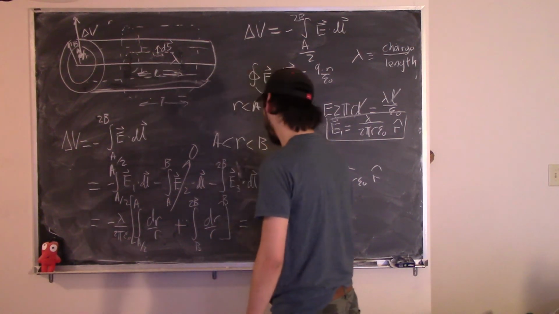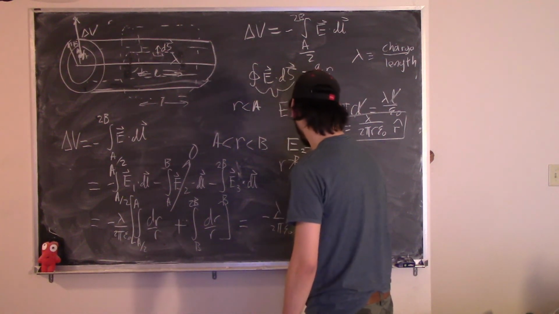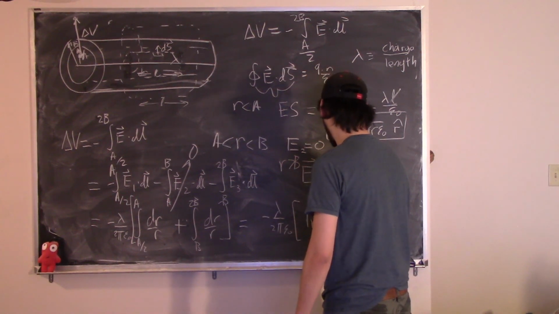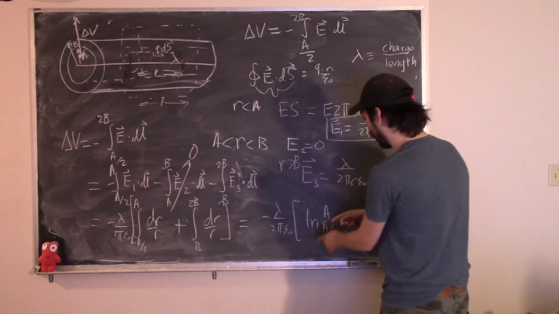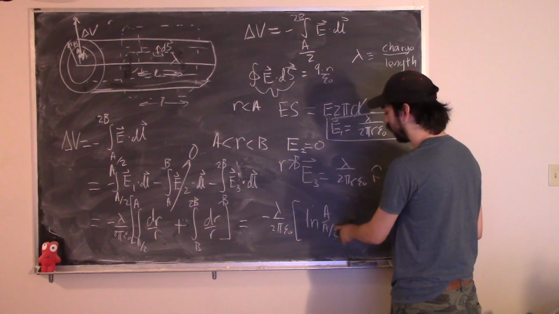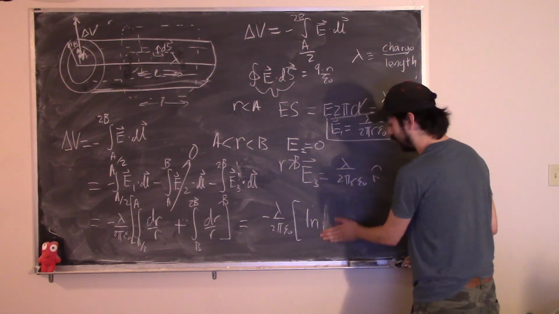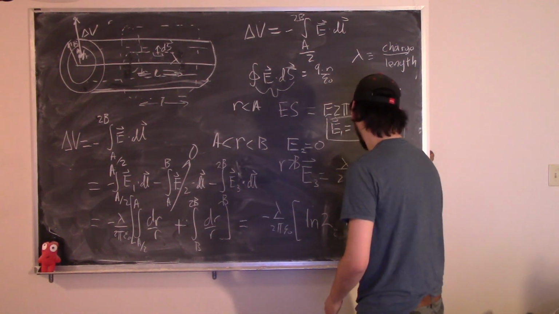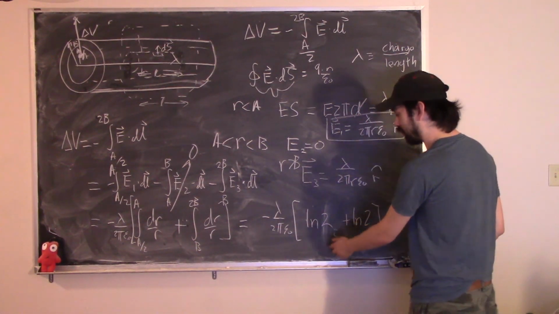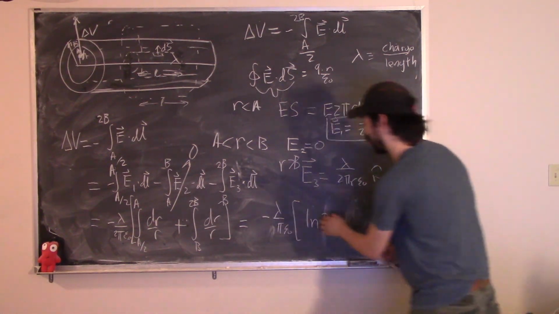So this is going to give me minus lambda divided by 2 pi epsilon naught times the natural log of a divided by a over 2. The a's are going to cancel, so this is the natural log of 1 over a half, and 1 divided by a half gives me 2, plus the natural log of 2. Then I have 2 natural logs of 2, and so that's going to cancel the factor of 2 there, and then this is what I have.